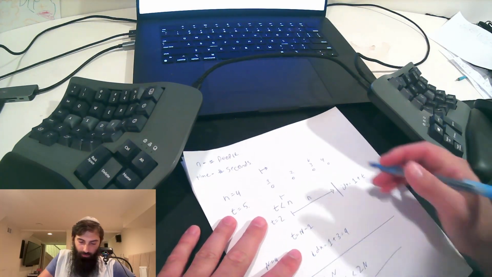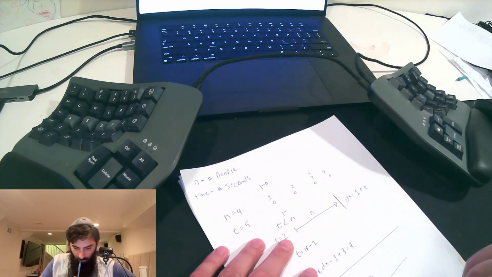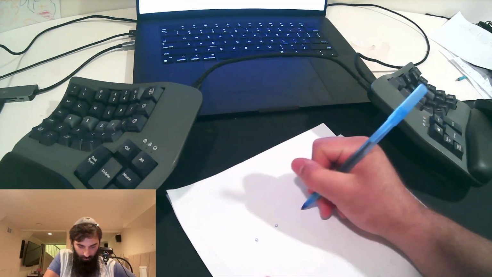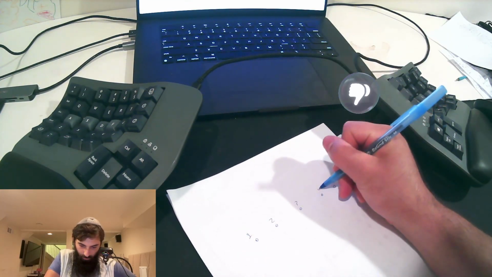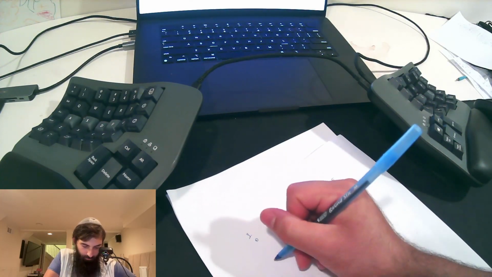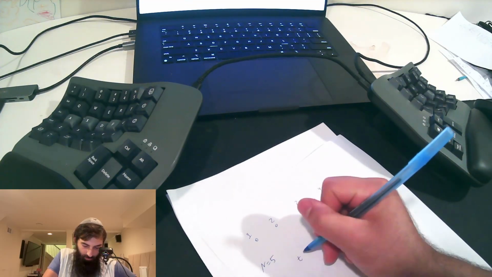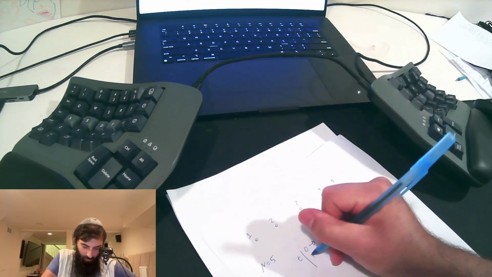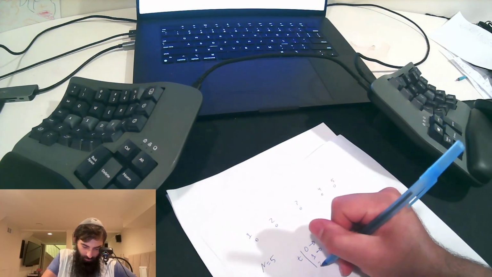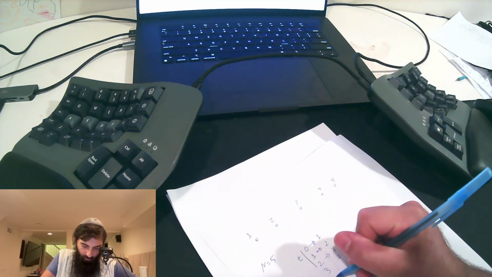Okay, so let's rethink the problem. Let's say it's 1, 2, 3, 4, 5. So n in this case is 5. So let's go from t, okay? 0 is going to be 1. 1 is going to be 2. 2 is going to be 3. 3 is going to be 4. 4 is equal to 5.